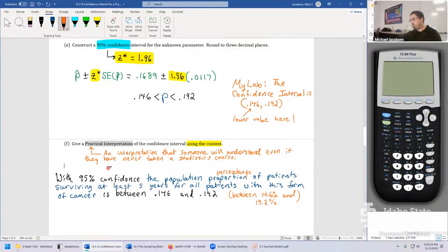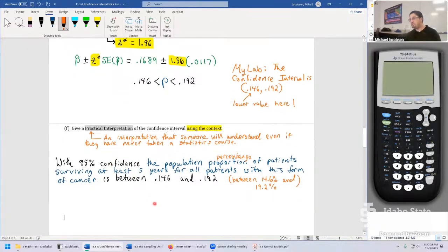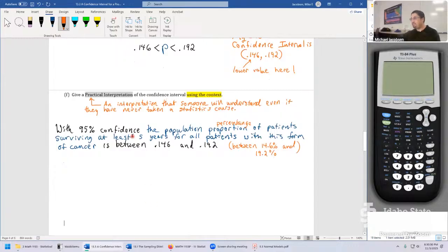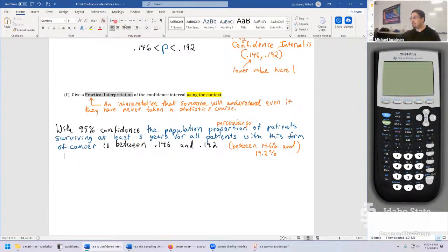Okay, at this point, it's good to talk about some interesting concepts. We've never said exactly what we mean by 95% confidence. So this is a good time to do that. So the problem has ended here, but there's so much to talk about with confidence intervals. Let's add some concepts below.